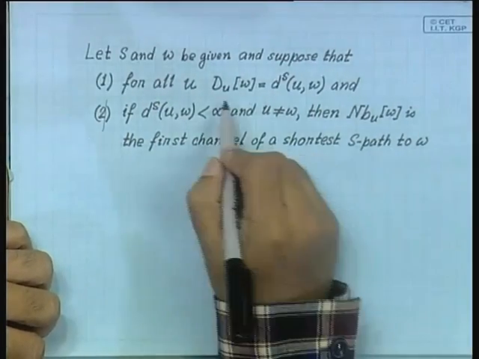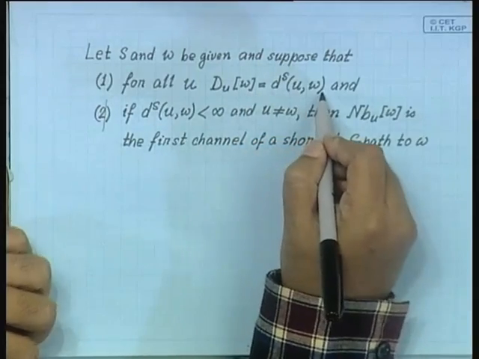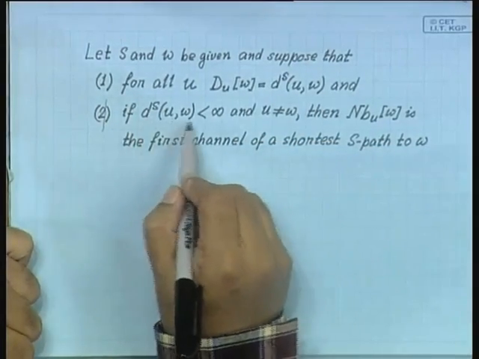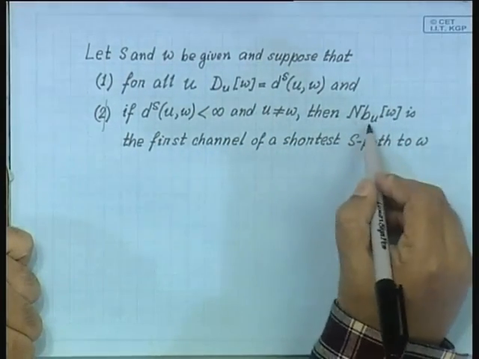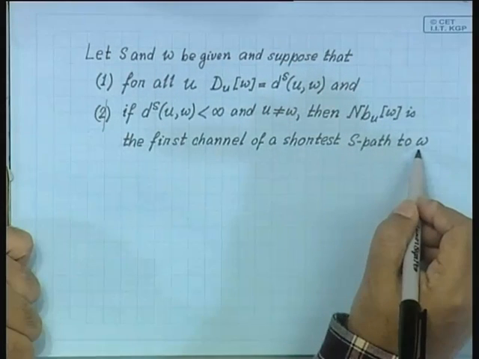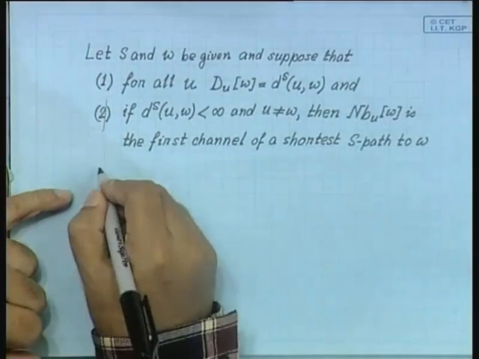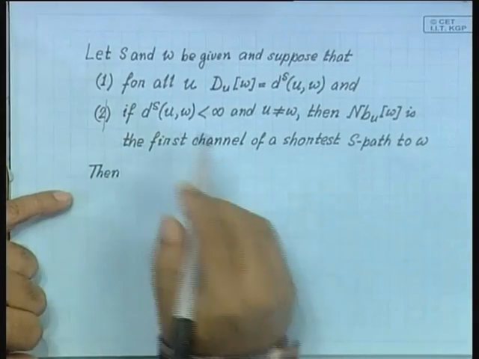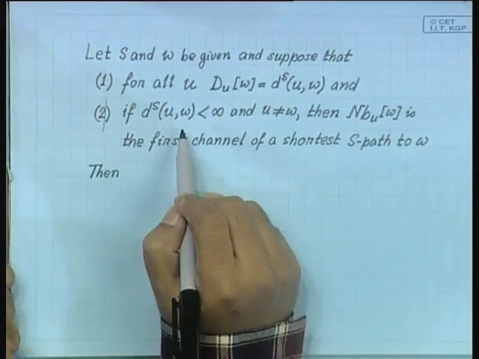Okay. What does the first statement say? That for all U, duw is equal to dSuw, and the second statement says that if dSuw is less than infinity and U is not equal to W, then nbuw is the first channel of a shortest S path to W. Okay. Now, if these are true, then now see, are each of these satisfied by the Floyd Warshall extension?